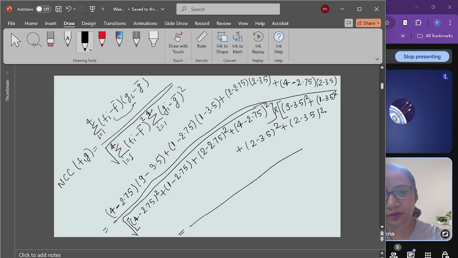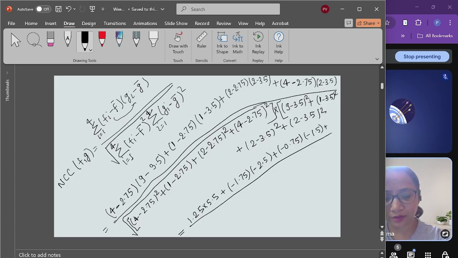Okay, so these are the values. Now for the next one, you will get 4 minus 2.75, which is 1.25, multiplied by 5.5, plus minus 1.75 multiplied by minus 2.5, plus minus 0.75 multiplied by minus 1.5, and plus 1.25 multiplied by minus 1.5.